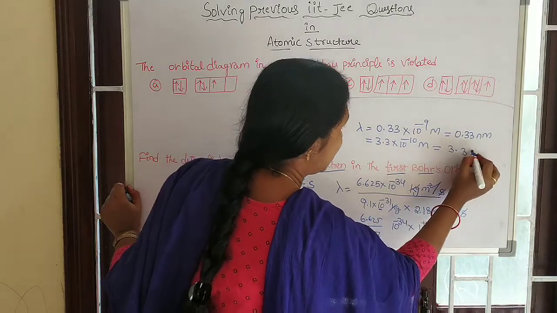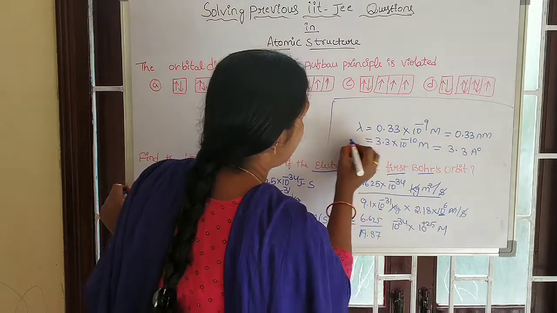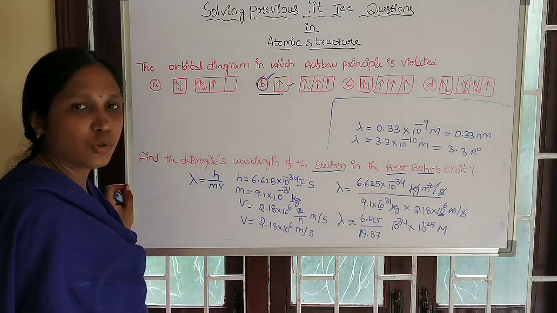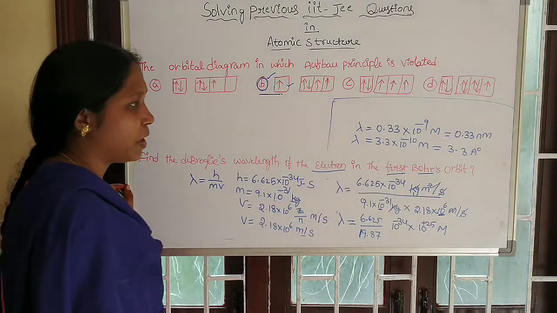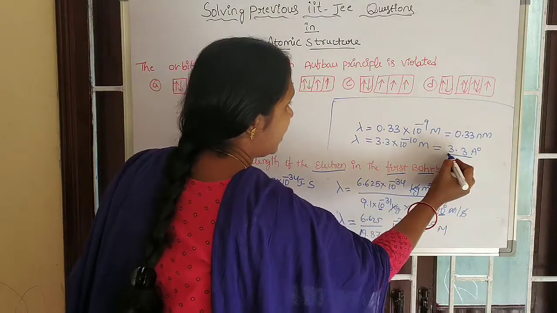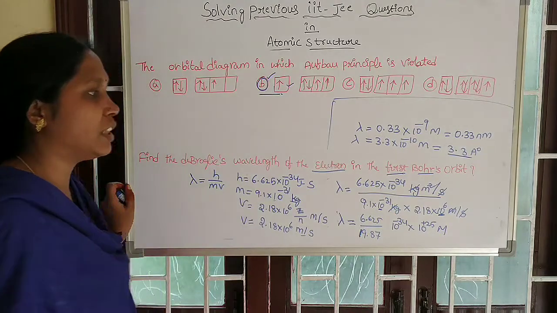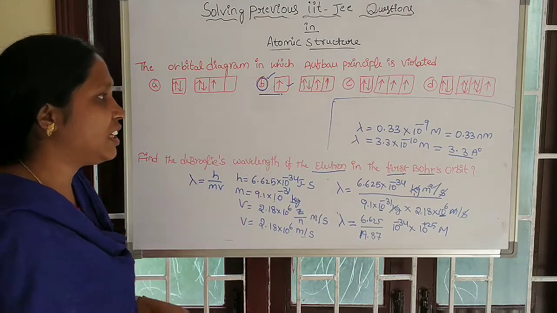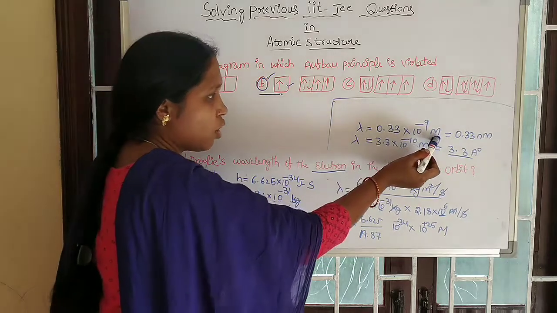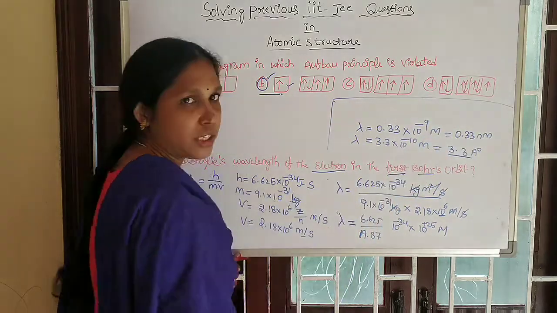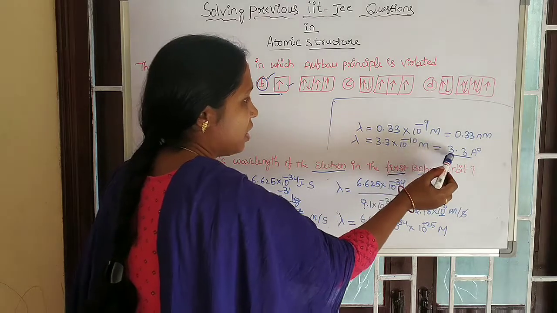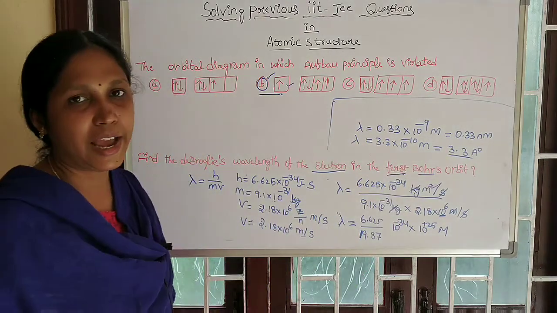Wavelength is calculated in nanometers, angstroms, micrometers, like that. Here the de Broglie wavelength of the electron in the first Bohr orbit is 0.33 into 10 power minus 9 meter, or 0.33 nanometer. Otherwise 3.3 into 10 power minus 10 meter, which equals 3.3 angstroms.